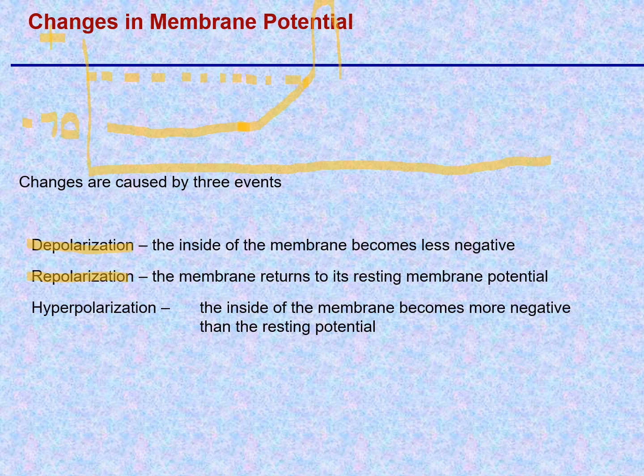The membrane potential is returning and goes down, and even overshoots sometimes, overshoots the resting membrane potential at minus 70, but then goes back to that resting membrane potential, minus 70. This area here would be called a hyperpolarization.